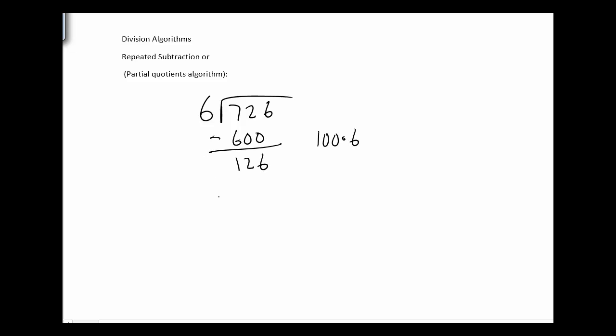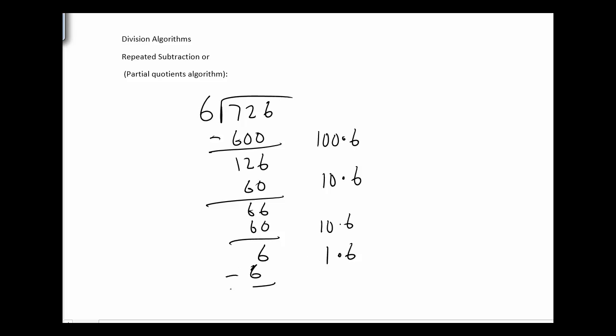Leaves me with 126. And how many groups of 10? Well, I can get 60 out. That's another 66. I can get another group of 60 out, which leaves me with 6. How many groups of 1 can I get out? Just the 1.